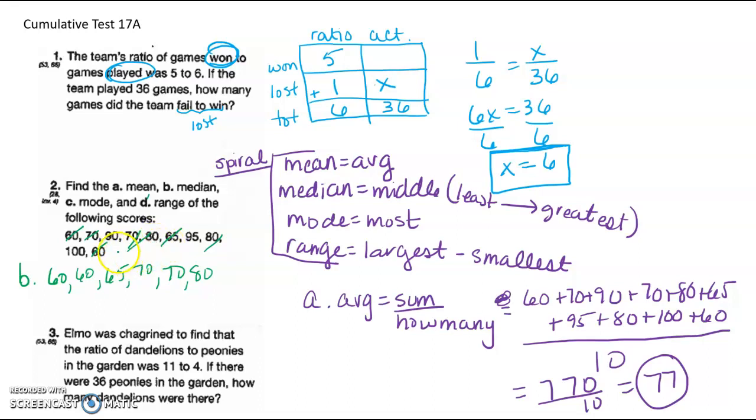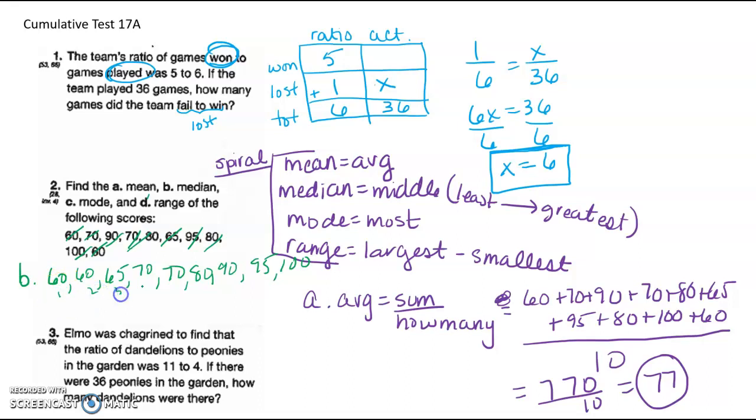Okay, and then 90, 95, and 100. So I think I got all of them. And median is the middle. So since I have an even number, I'm going to have to take the two middle ones and average them.